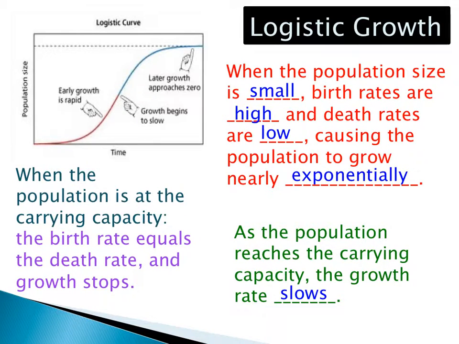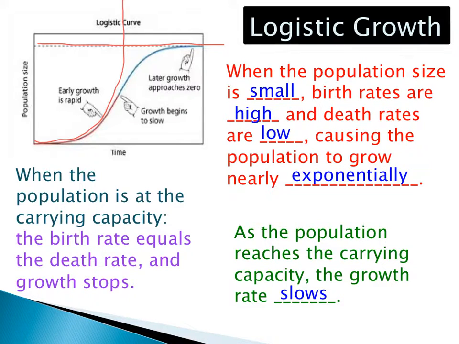The earlier model of population growth that we talked about was exponential growth, and that is, as the population increases, more and more individuals are born, there's unlimited food supply and a lack of predators, we would see the population continue to grow at an exponential rate. But in reality, that doesn't happen because they hit this line, this ceiling, this wall, so to speak, which is the carrying capacity.